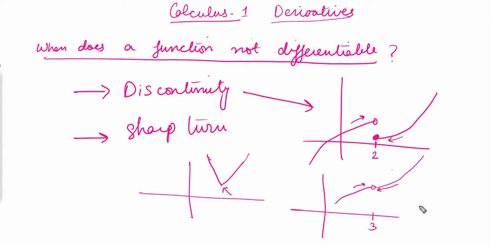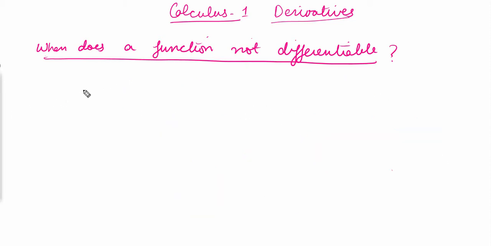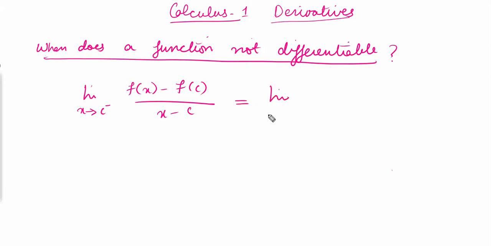Okay, so the condition for the function to be differentiable can be written like this. Limit x approaches a constant c from the left side, f of x minus f of c divided by x minus c, should be equal to the limit as x approaches c from the right side, c plus means from the right side, f of x minus f of c divided by x minus c.